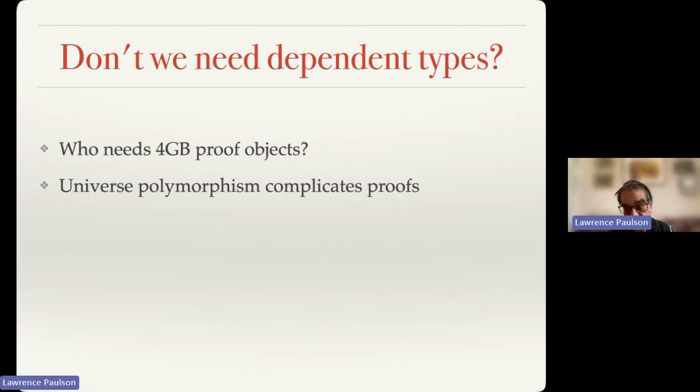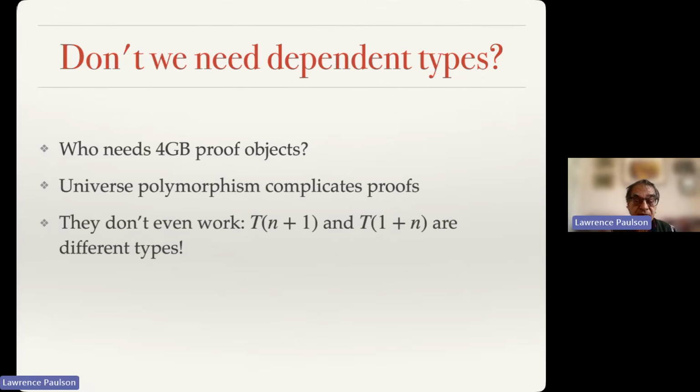Universe polymorphism, I'm sure it has its uses, but it also apparently is a big pain point for people. I did not need Claude to tell me this, because this is why I left the type theory world 40 years ago, when intensionality was brought in. That, from my mind, was the end of dependent types even functioning as dependent types.